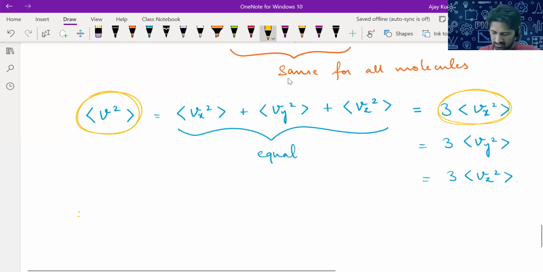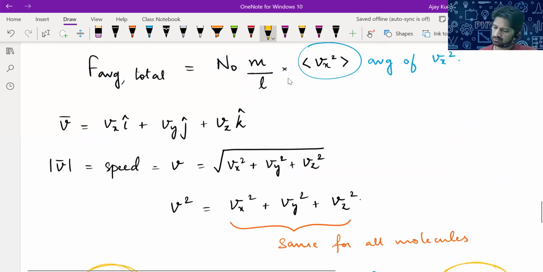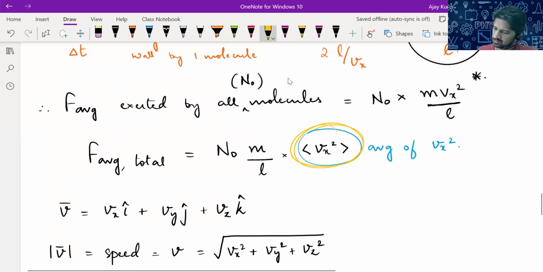Now send the 3 that side. So the average of Vx square becomes 1/3 the average of V square of all the molecules. And this we are going to substitute here, for the average of Vx square.